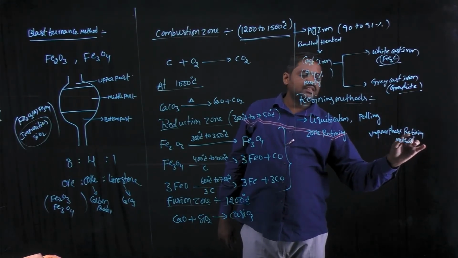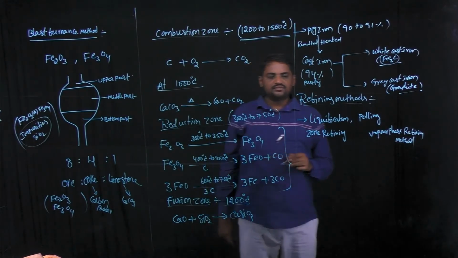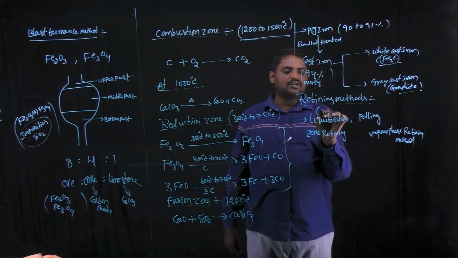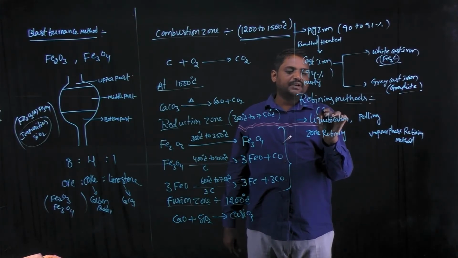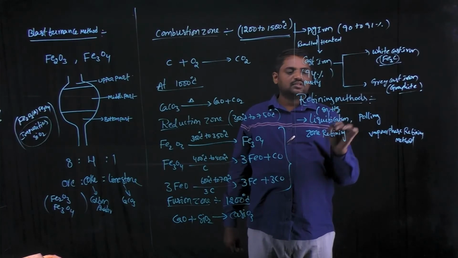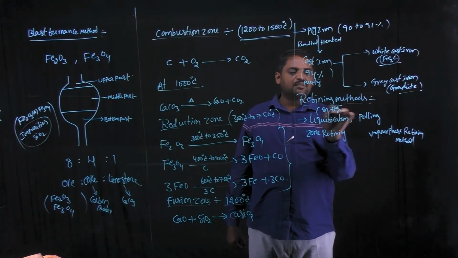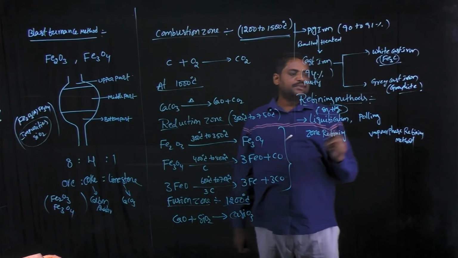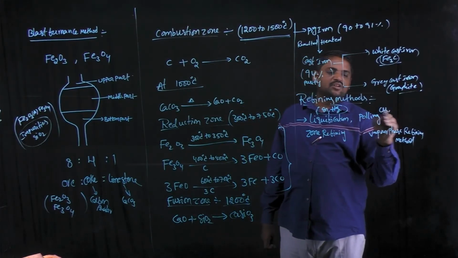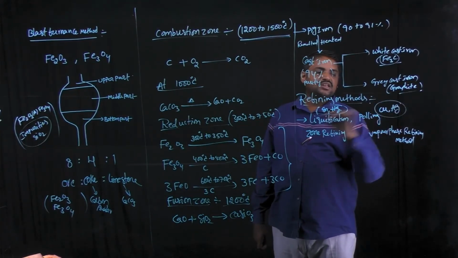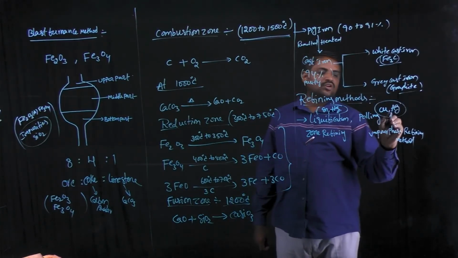Okay, students. First one, the liquefaction. This method is used only for the purification of tin and mercury. The poling method is used to purify copper, silver, gold.